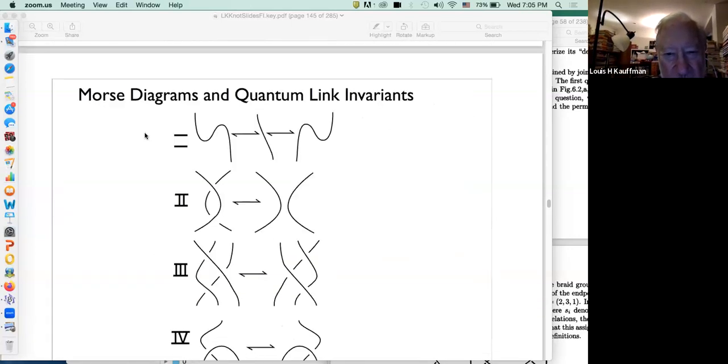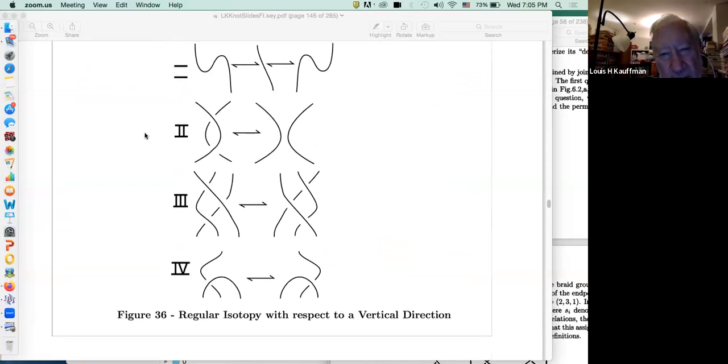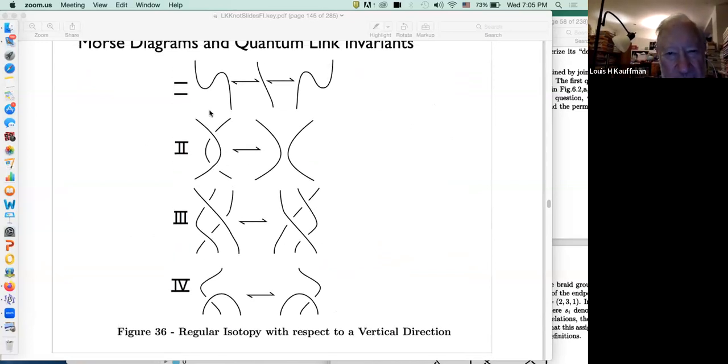What will it look like? Well, if you do knot theory with respect to a vertical direction, you have to add some things. You have to add that a cup and a cap will cancel each other, just like that. And you have to add that a crossing and a cap interrelate to one another by swinging this line over to here.